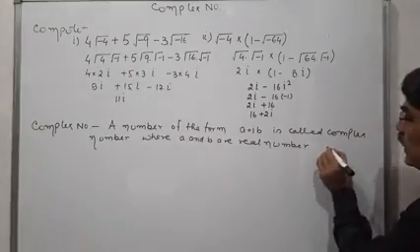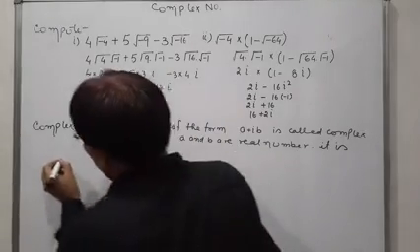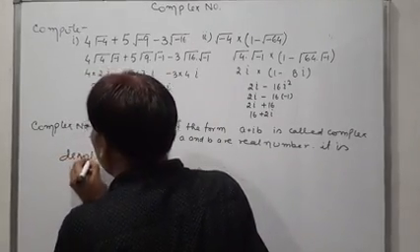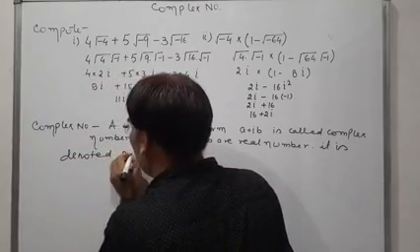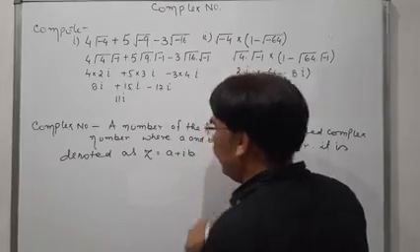It is denoted as z is equal to a plus ib.